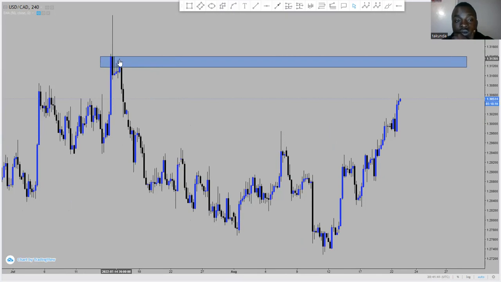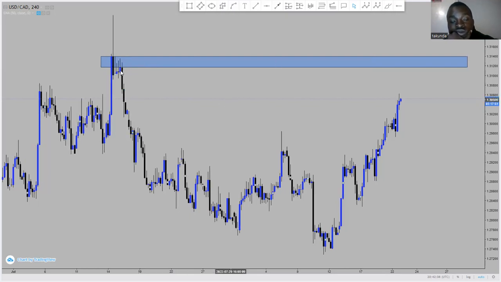These next candles, look what happened. All these weak rejections that you are seeing, this is price rejecting this area. It means sellers are coming in here. They are the ones pushing price to go down. So once you see weak rejections like that, that is where you start selling.